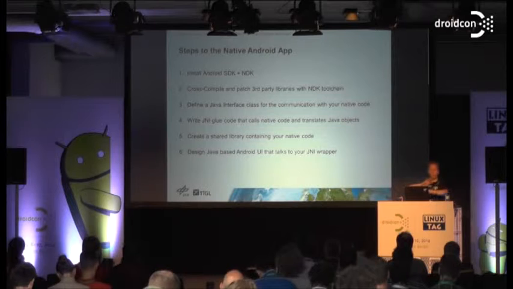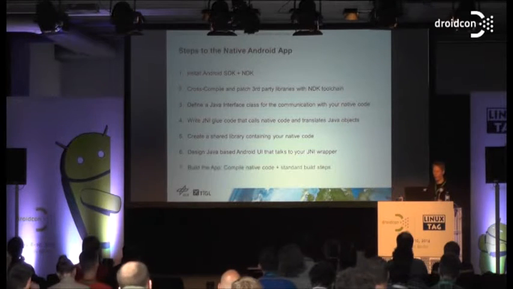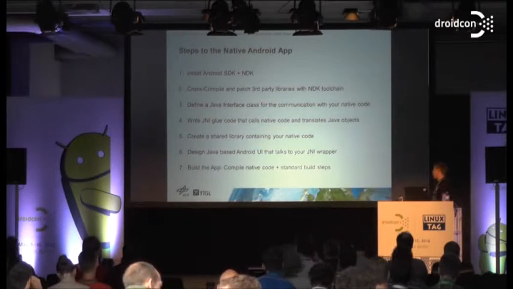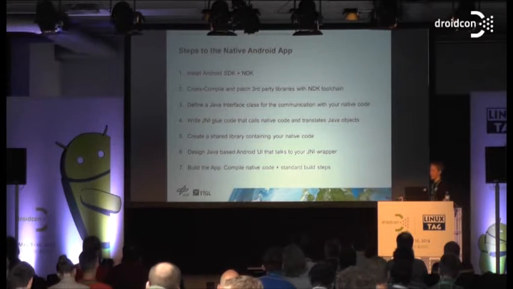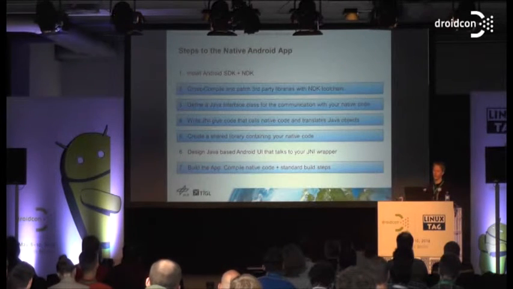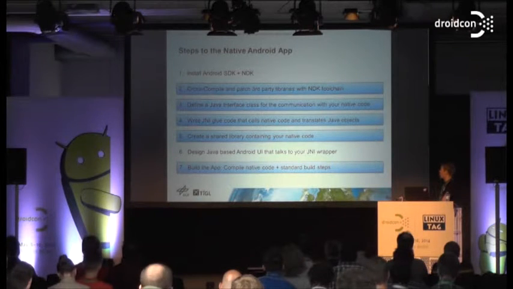So we have a hybrid application, a user interface in Java and a backend in C++, and the Java part talks to the backend. And finally, we build the app, compile native code using standard build steps. And today I'm going to talk about these high-level steps here.